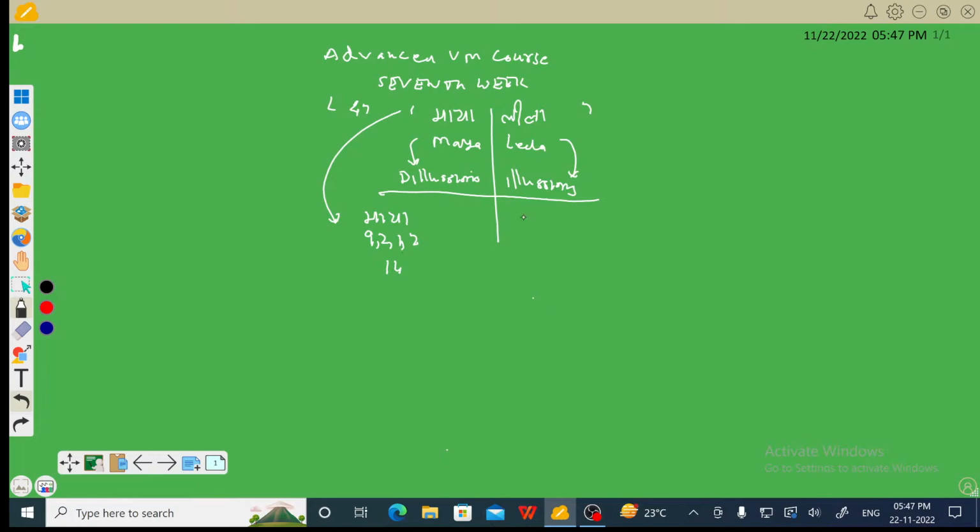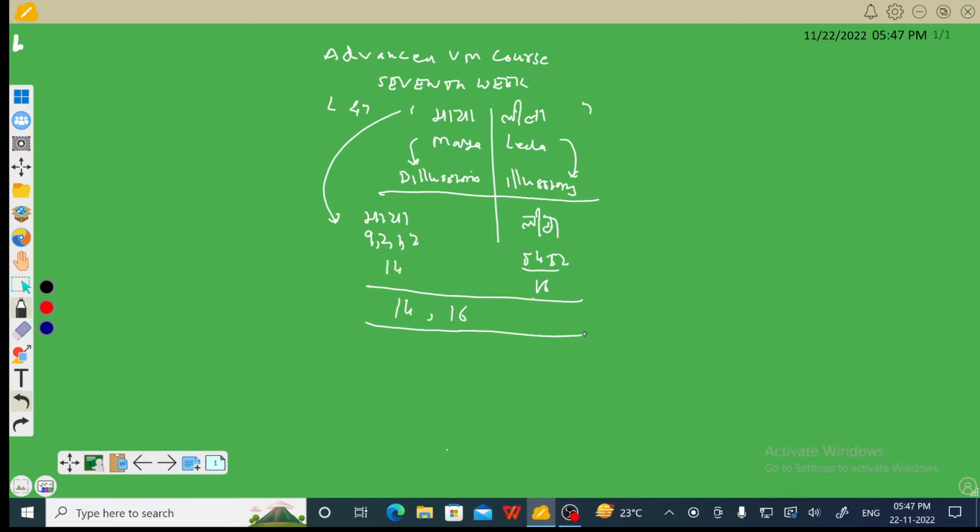Likewise, Leela, when translated in numbers, is 5, 4, 5 and 2, which is 16. This pair of numbers, 14 and 16, when translated further ahead as Thapatya, leads to H4 and D6.